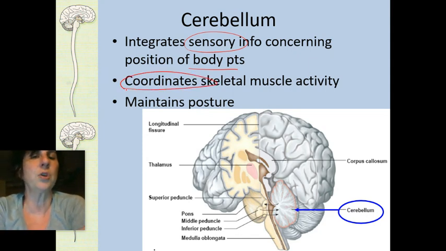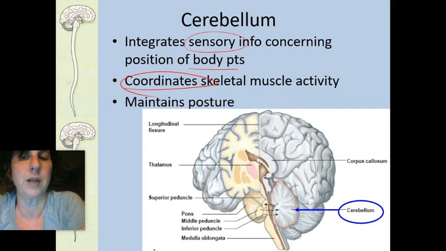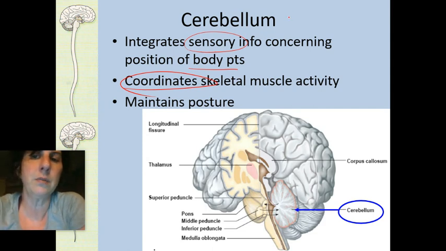That allows you to coordinate your muscular activity. So the cerebellum is all about coordination, okay? To do that coordination, it has to really figure out where my body parts are at all times.